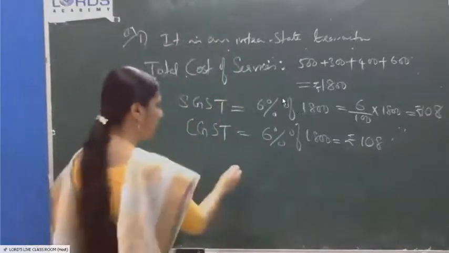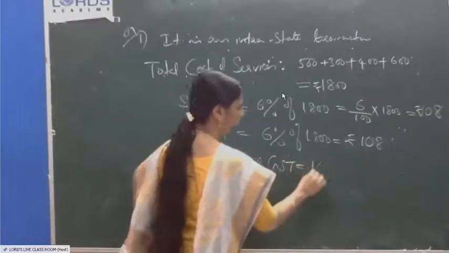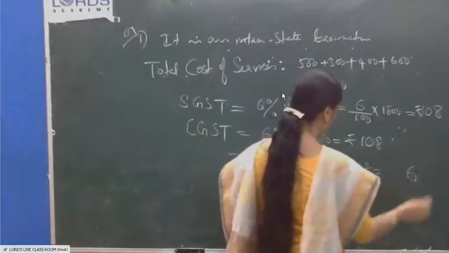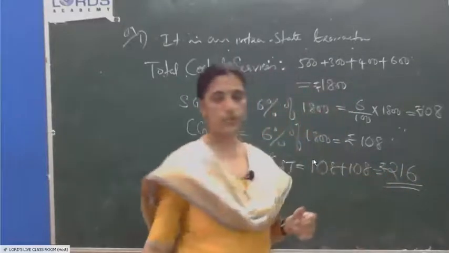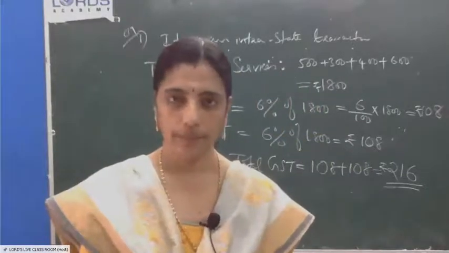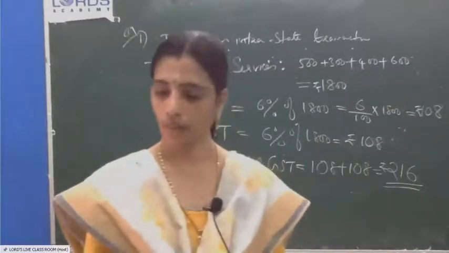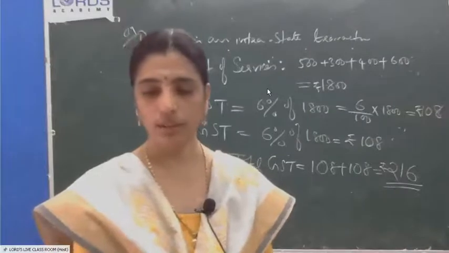So, tax 108, total GST equals 108 plus 108. What is the answer? 216 rupees. Is it clear? If you have any doubt, you can ask. Otherwise, we will move to the third example.